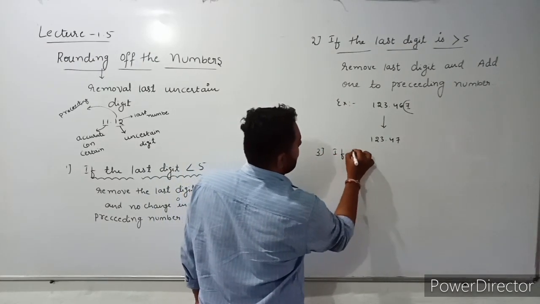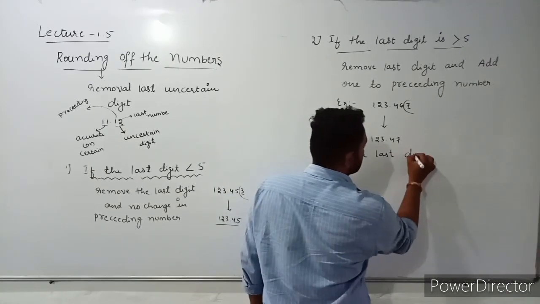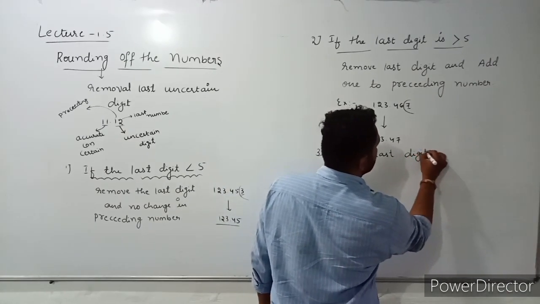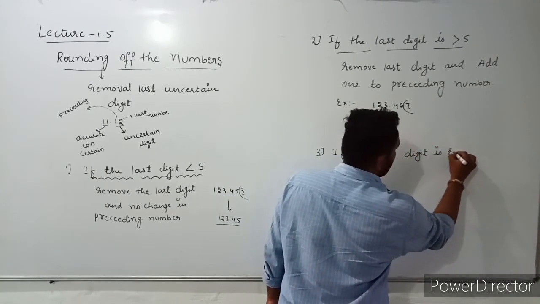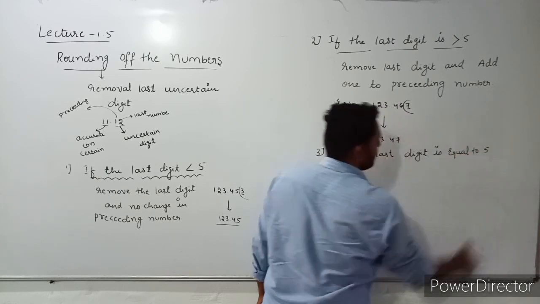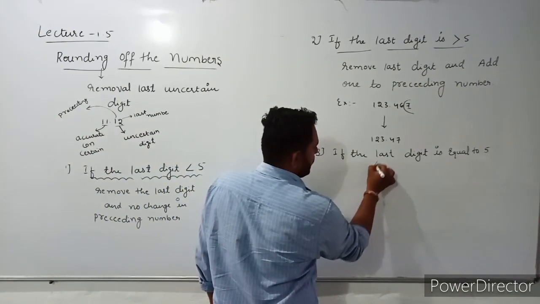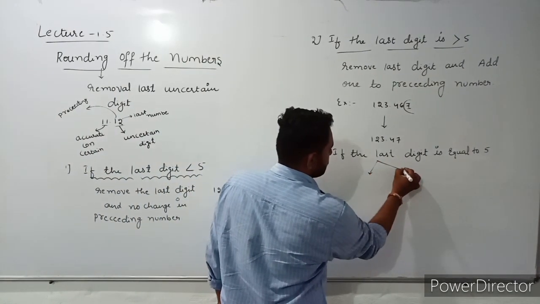If the last digit is equal to 5, then there are two cases.